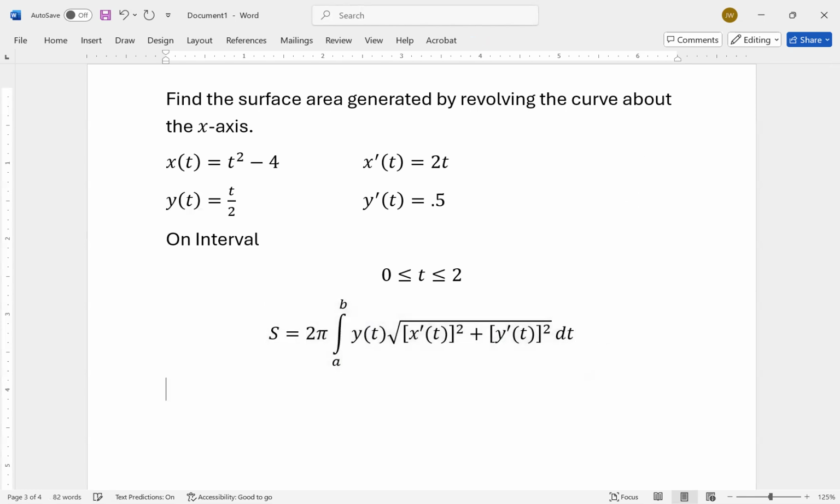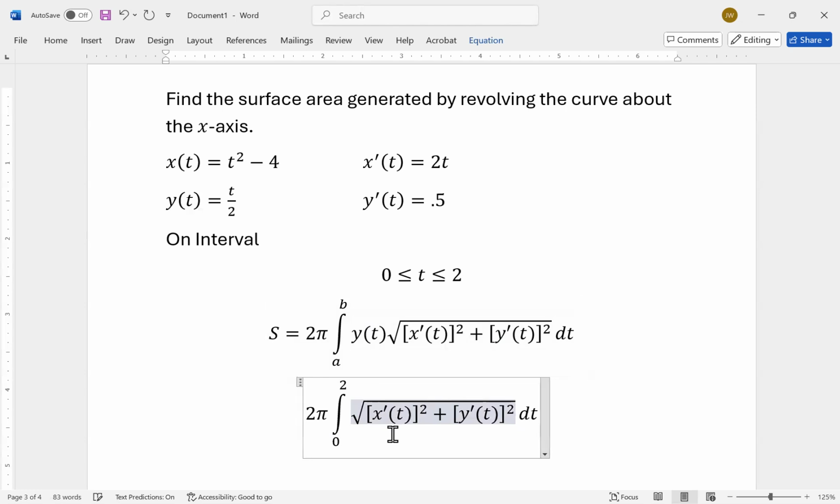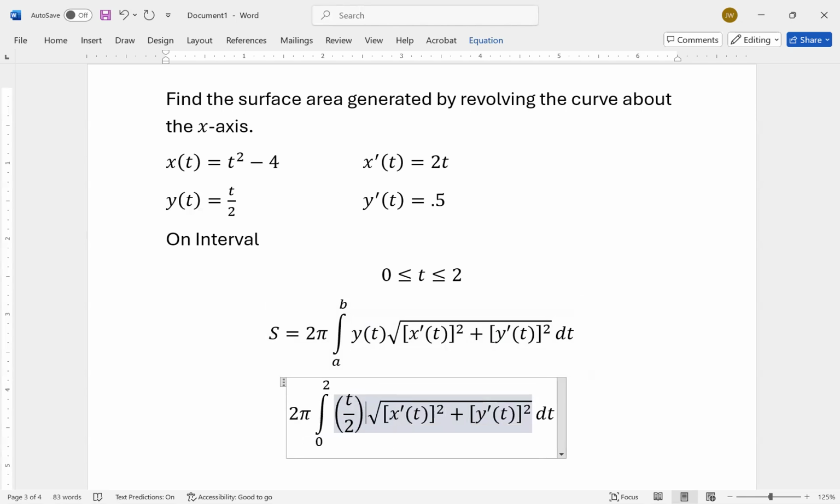For this example, we're going to be integrating from 0 to 2. The function for y is t over 2. Make sure if it has multiple terms, you put in the parentheses so that it multiplies the whole thing.